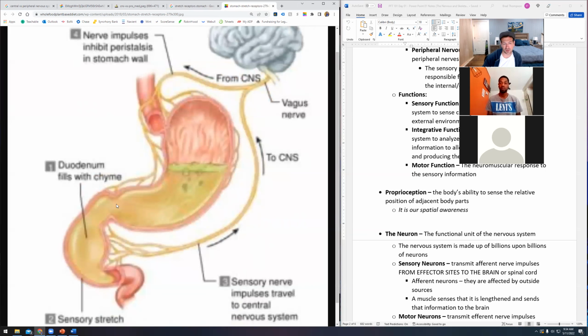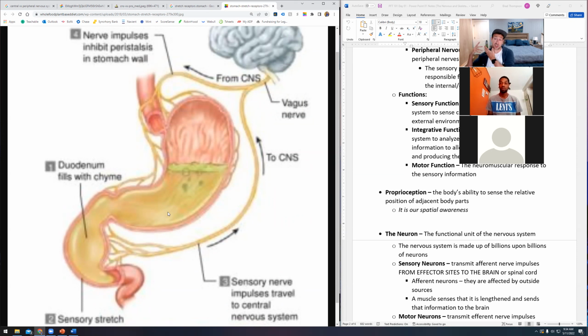So these stretch receptors right here are going to send a signal to the brain. And if the sensory information coming in says that's a solid piece of food, then the central nervous system is going to send a signal back down and say, okay, keep the stomach contracted. And that's going to keep the food in the stomach acid to give it longer to dissolve.